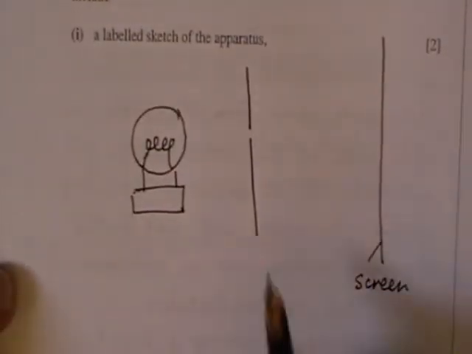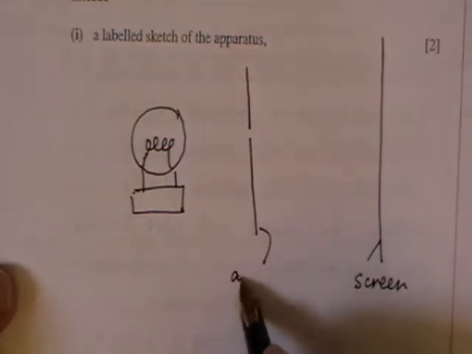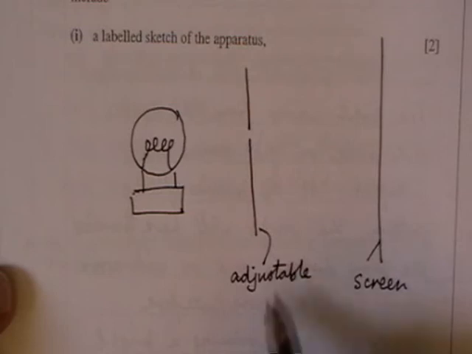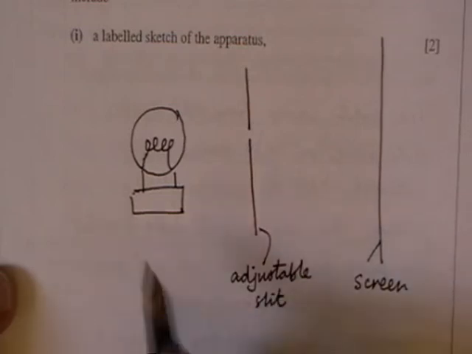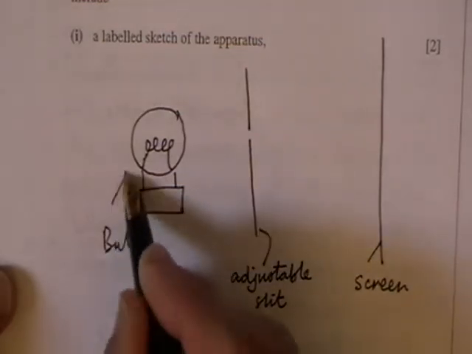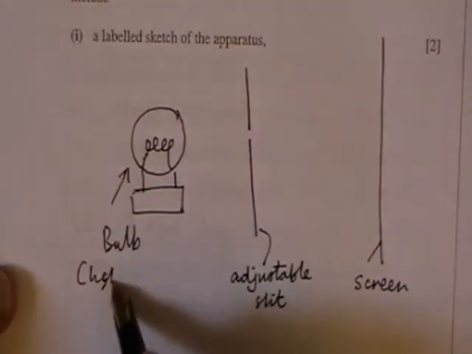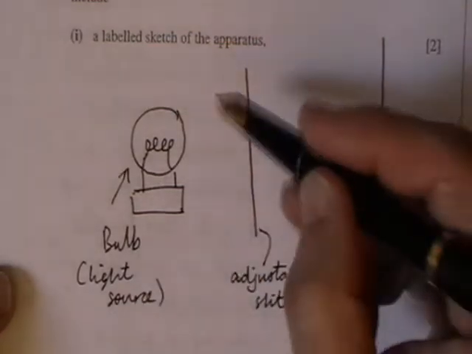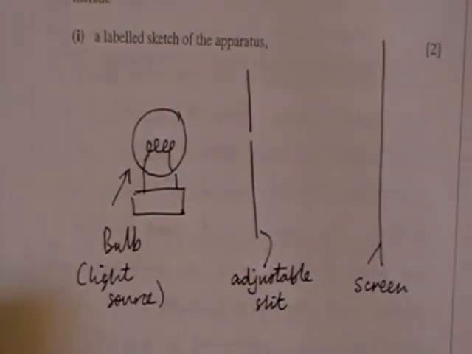This is the screen, this is the adjustable slit, and this is the bulb, which is our light source. You may want to put in a filter in there, but I don't think that's necessary at this point.